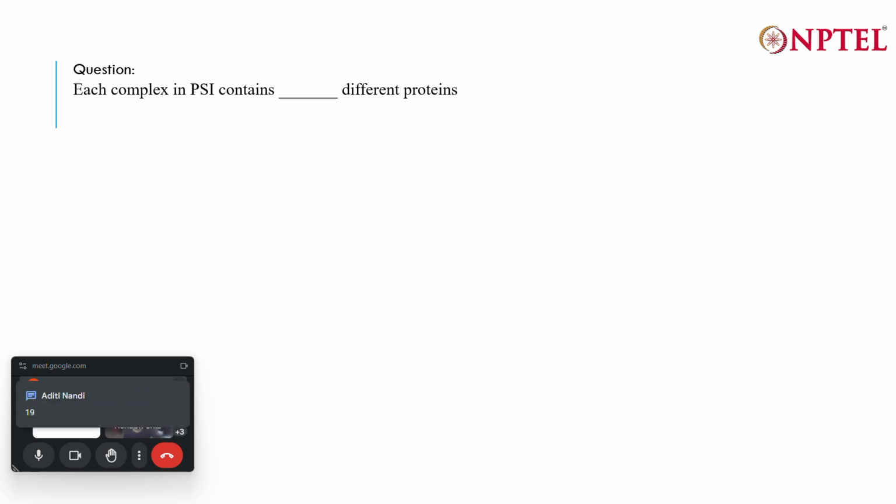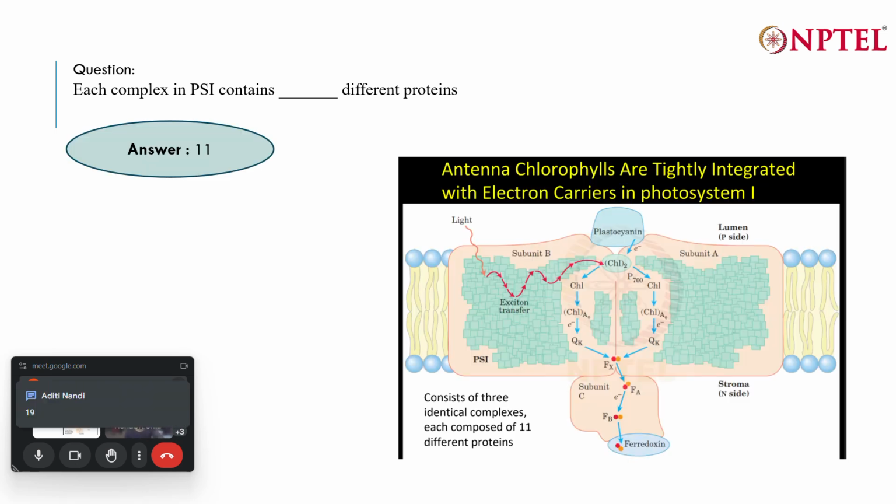So the correct answer is 11, and here is the explanation. PS1 has this particular type of structure, and this is associated with 11 different proteins. So it is composed of 11 different proteins that form a complex, and it also contains these molecules that are involved in the electron transfer.